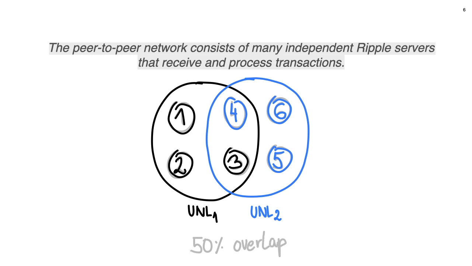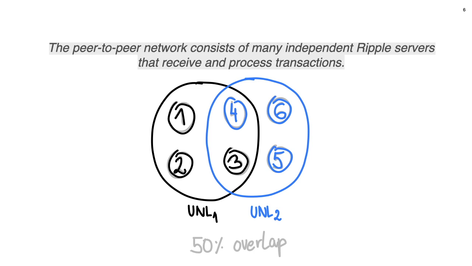Maybe it's good to explain what it means that a node trusts some UNL. It means that, for example, node 1 will listen only to messages coming from nodes 2, 3 and 4. Based on these messages, node 1 will make its own decision or give a vote for some transaction.